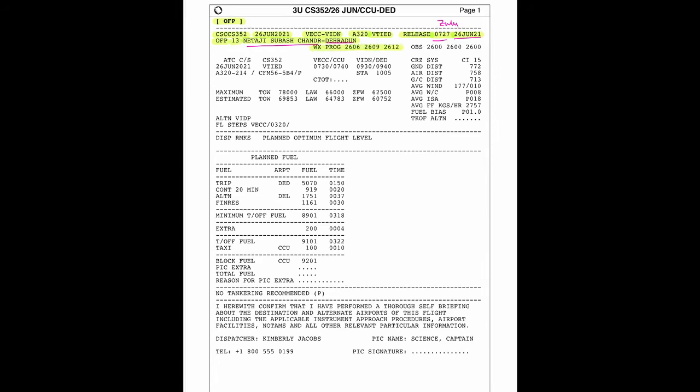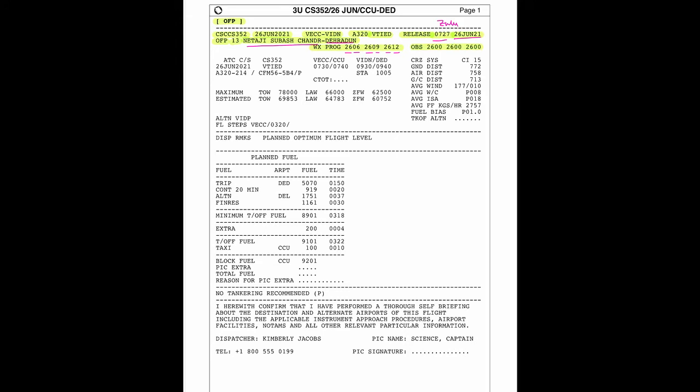This is valid from 2606 to 2612, so valid on 26th June from 06 Zulu to 12 Zulu, for 6 hours. And this is the respective number for the observation.